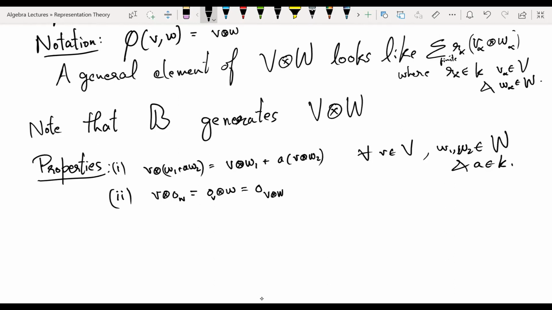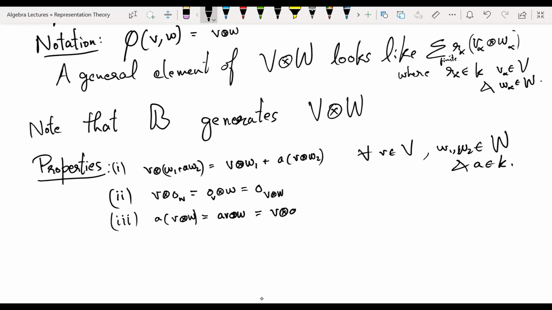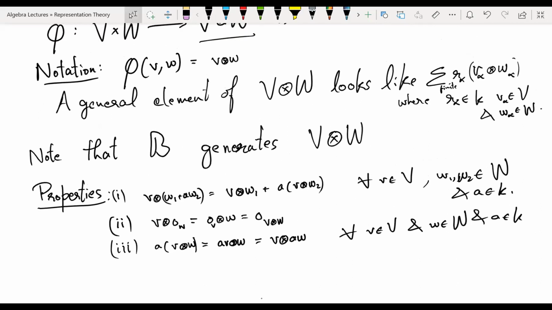Also, a times (v tensor w), for a in K, v in V and w in W, is the same as av tensor w, and this is also the same as v tensor aw, for all v in V, w in W, and a in K. I've just written that phi is bilinear in this possibly complicated way.